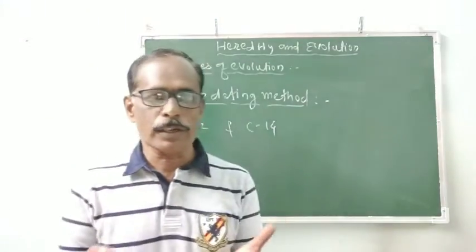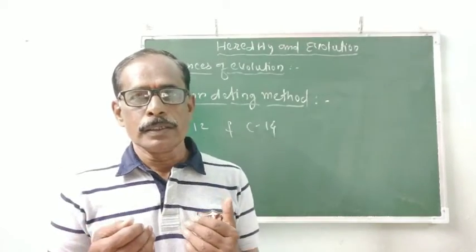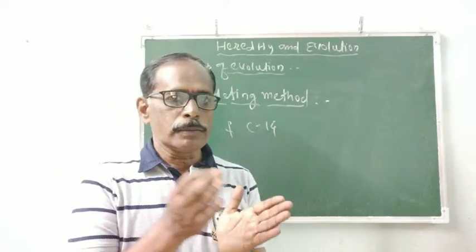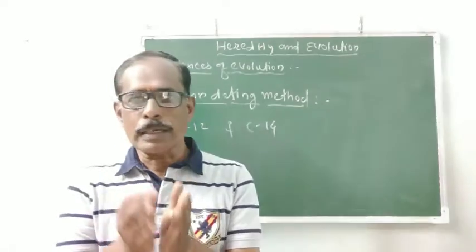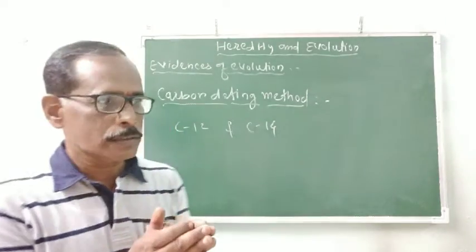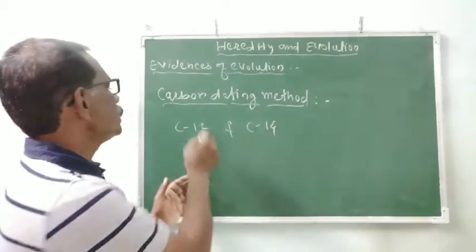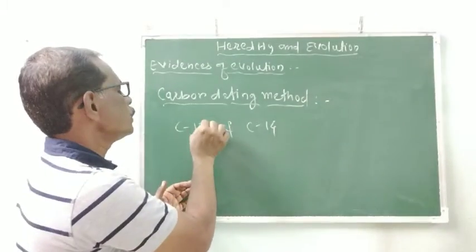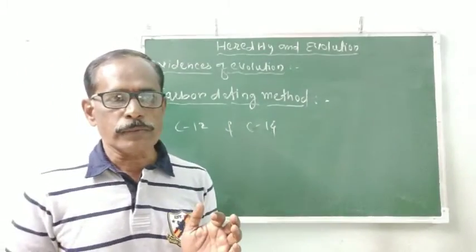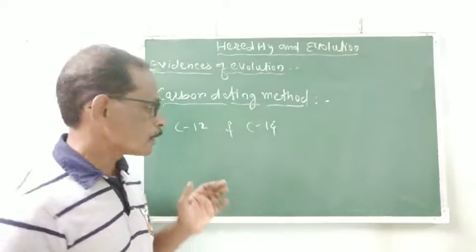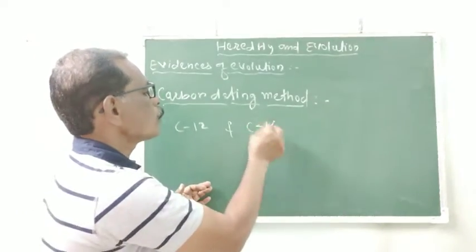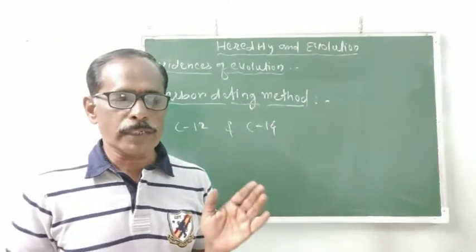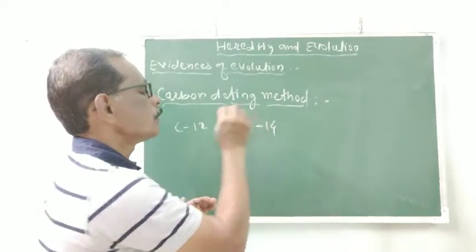When any living organism takes food, in those nutrients carbon is the basic molecule, and that carbon has two types of atoms. One is carbon 12, a carbon atom which has a mass number of 12, and carbon 14, a carbon atom which has a mass number of 14.